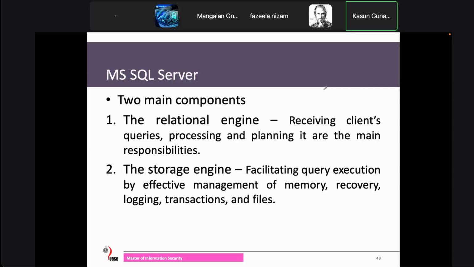The storage engine assures that memory is available and allocated appropriately. Backing up is completed as often as necessary, and all the supportive features are provided by this storage engine.